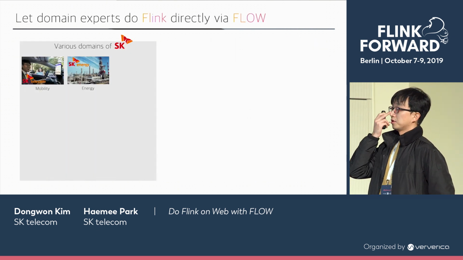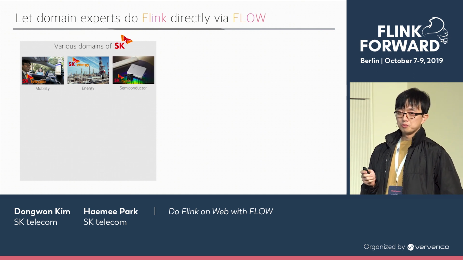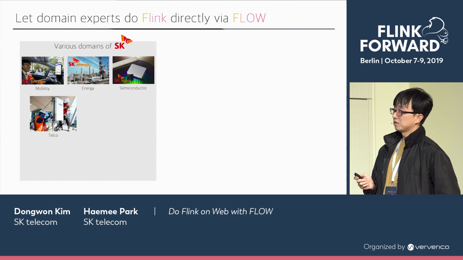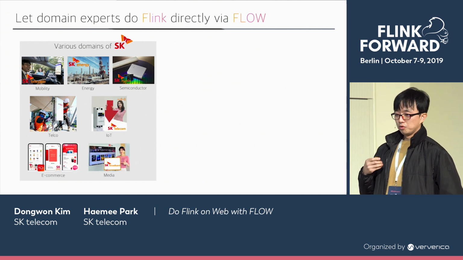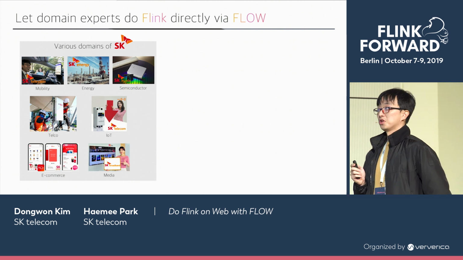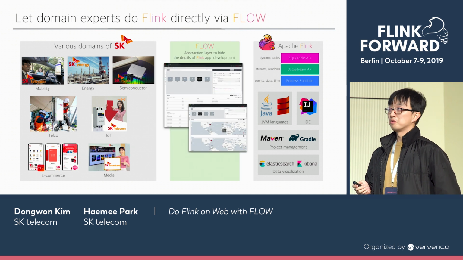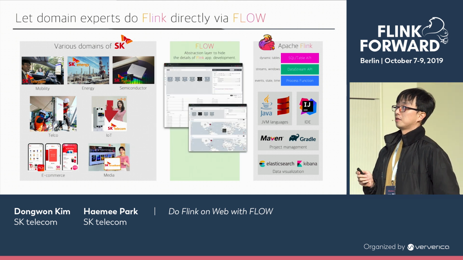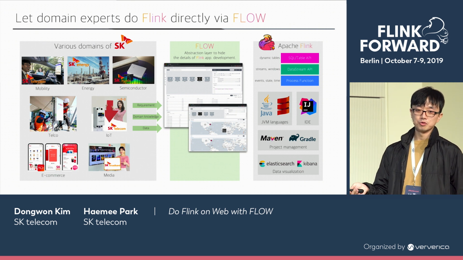But besides mobility and energy domains, we have many interesting domains like semiconductor, telco, IoT that we want to apply Flink to. So this year, by introducing Flow, we let domain experts directly express their requirements and domain knowledge on Flow.